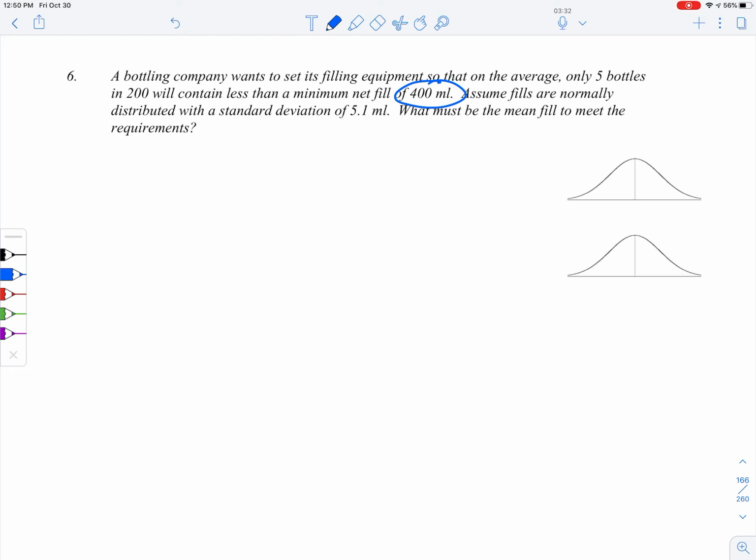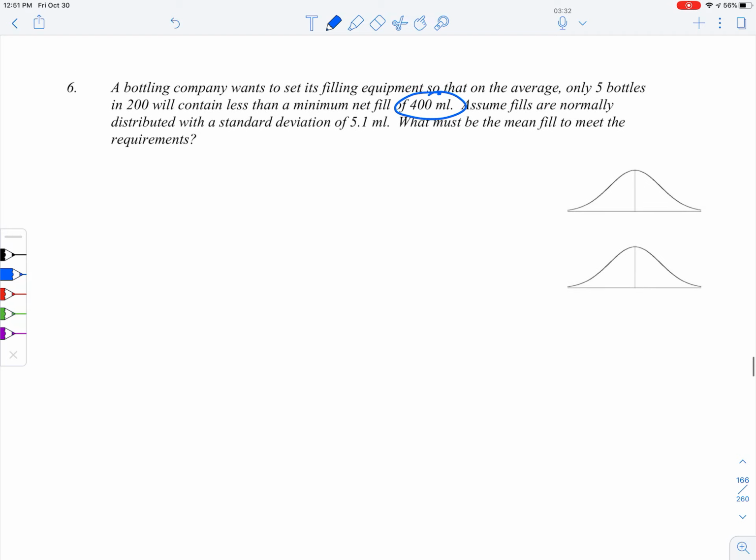So what they want to do then is set the average a little higher than the 400 mils. And what that means is that if the fills are normally distributed, which they will be, you want to make sure that it doesn't come out noticeably short. So if you take a look at what they do here, I'm going to use this picture. They're going to set some mu value.